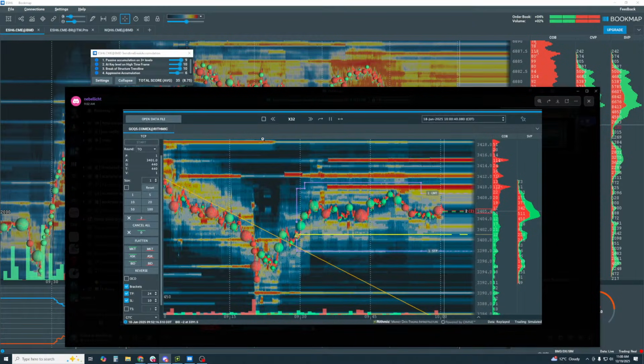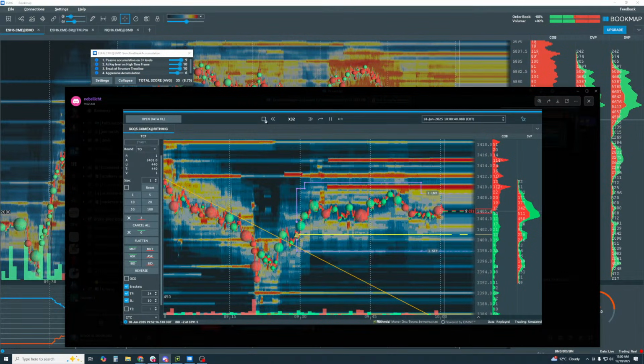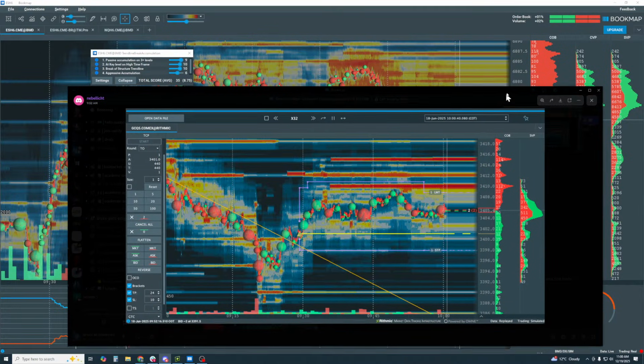So here we've got just the trend line break, and he traded it here, and then you can see where he moved his stops, etc. This is great, but continue on. This is gold here, in fact, that he's trading, back in August or June. It looks like it's the August contract. Yeah, it's the August contract.